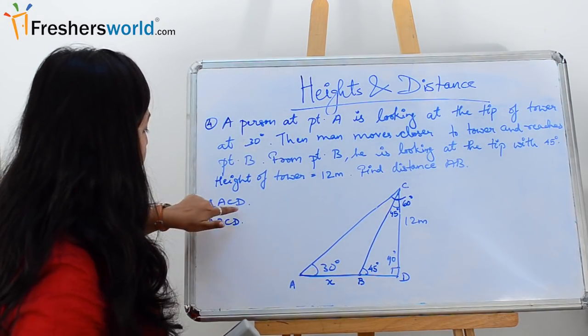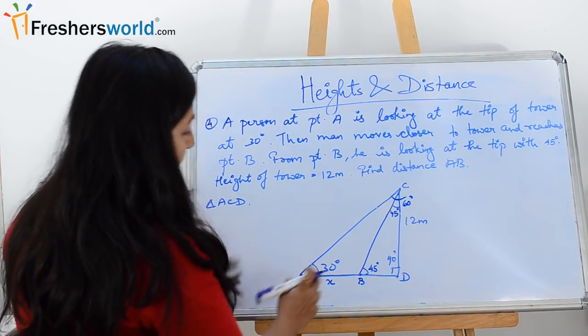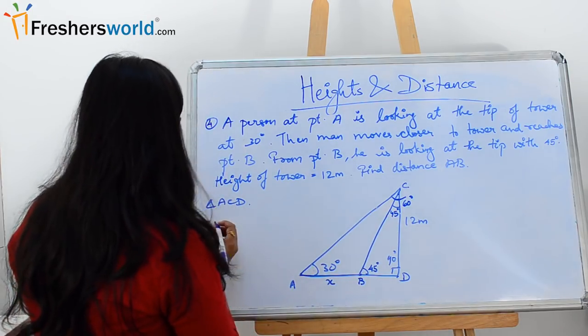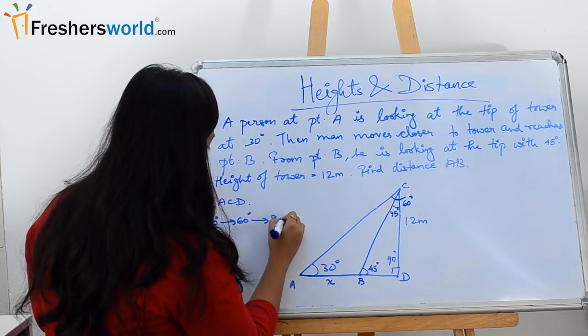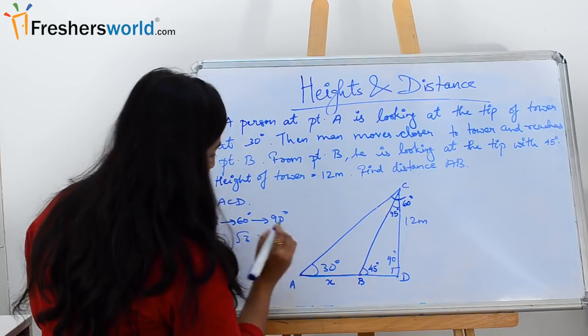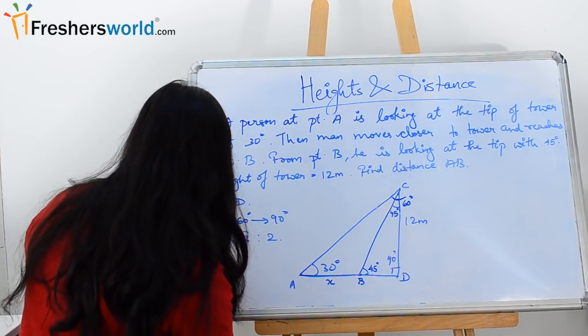So let's start with triangle ACD. In triangle ACD, again, if we put it in the equation 30, 60 and 90 ratio, which is 1, √3, 2. We have this 30 as 12.